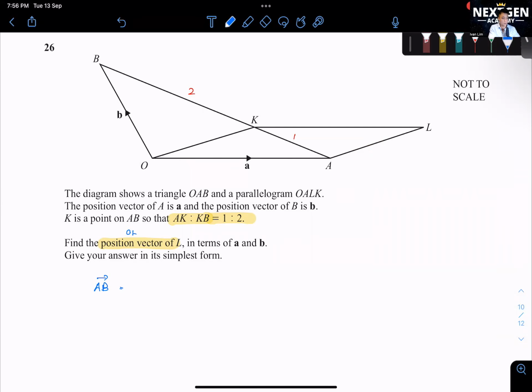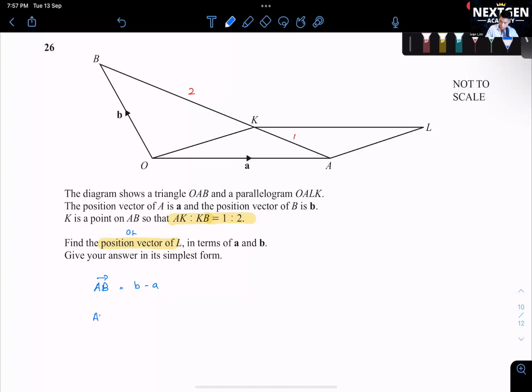AB will be b minus a. Then we can break it down into AK and KB.